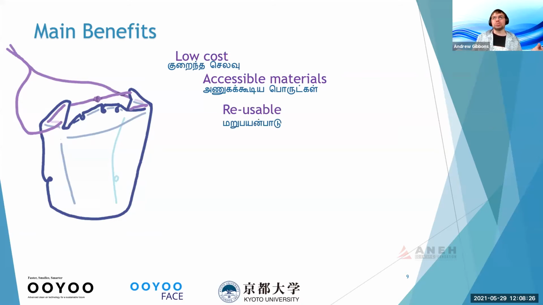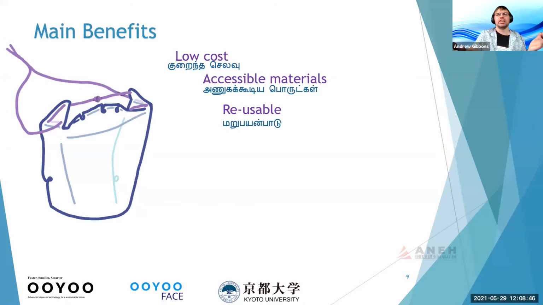We want to make it reusable, so that you can make it once and you can just clean it. And so we recommend using plastics such as PET, which are easy to wash and are chemically resistant to soaps and sterilizing chemicals.